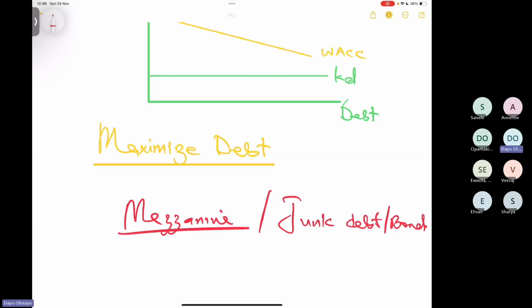And if the risk is going up, the reward must go up. And that is why debt interest will always be cheaper than what the shareholders will be asking for, because they want a lot before the company goes down.